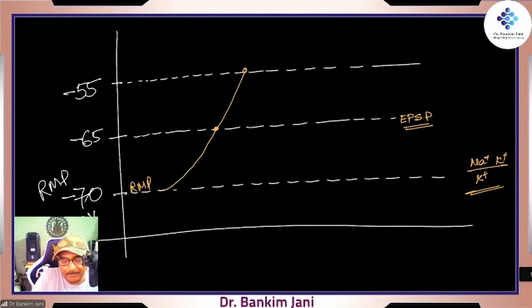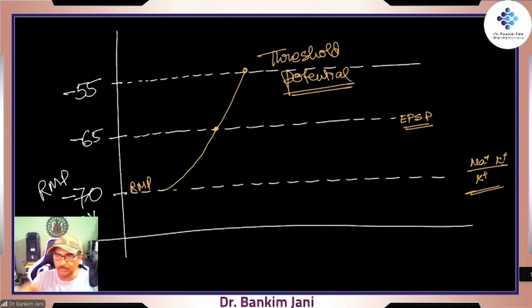So this level is what is called the threshold potential. Threshold is what? Threshold means one limit. If that thing is reached, then a big shoot will happen.